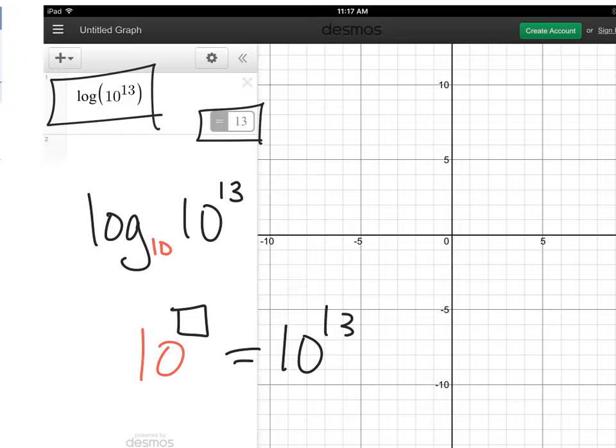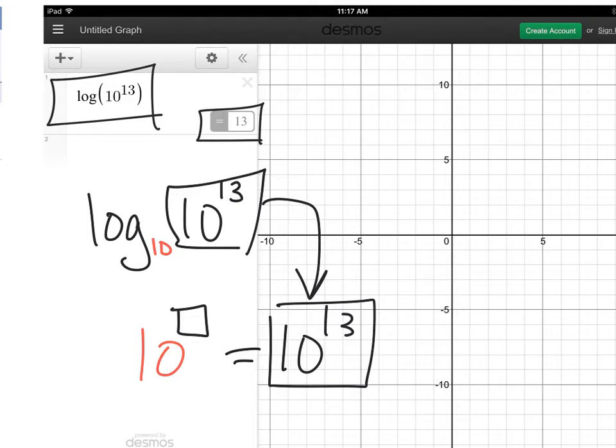And so this 10 to the 13th power goes right here. So it's saying 10 raised to what power equals 10 to the 13th power. And so that's why the answer is 13, because 10 raised to the 13th power is equal to 10 to the 13th power. But Desmos is doing the work for us. I'm just giving you a little bit of an explanation, but we're going to let Desmos do a lot of the work here.